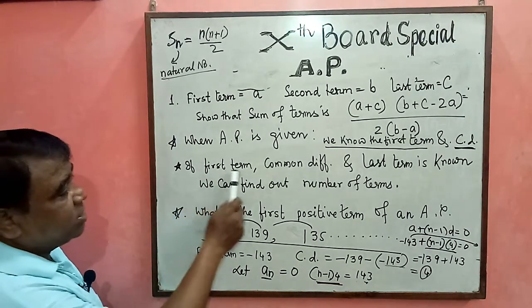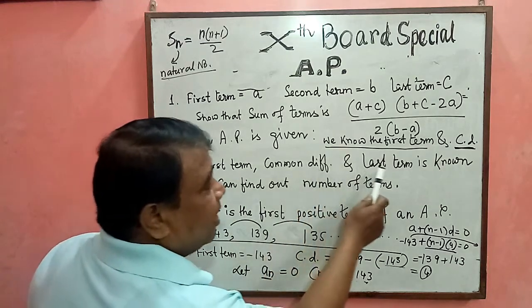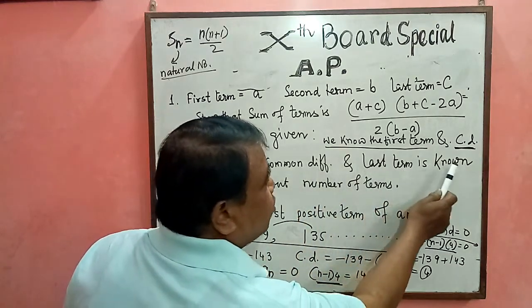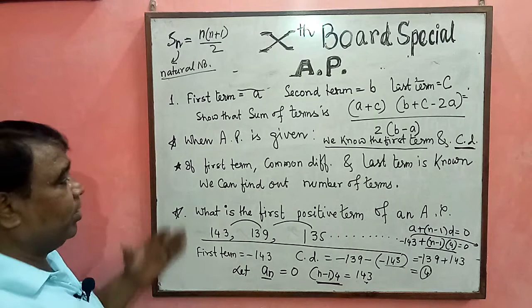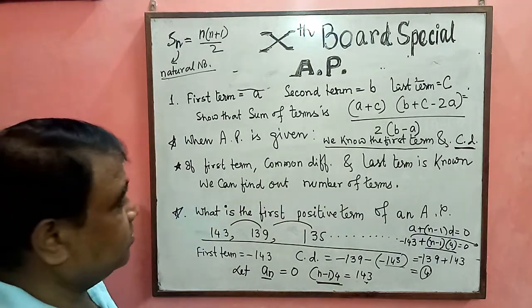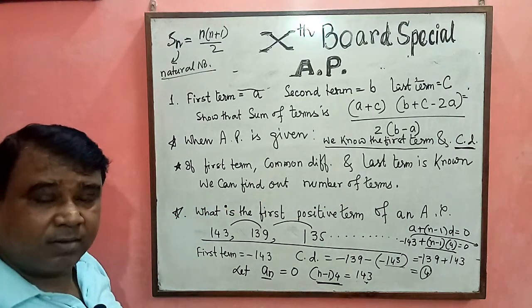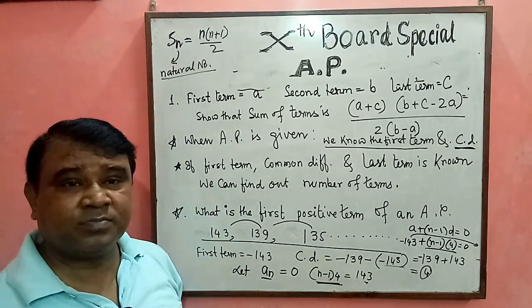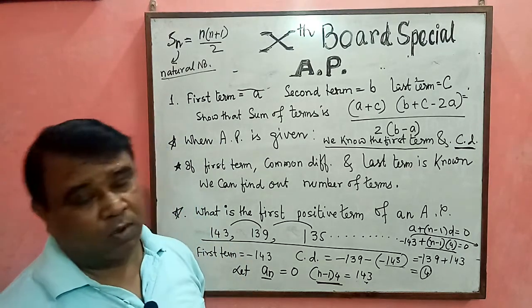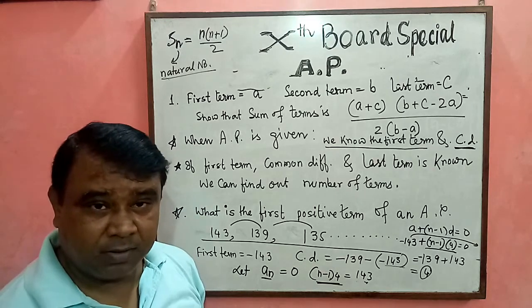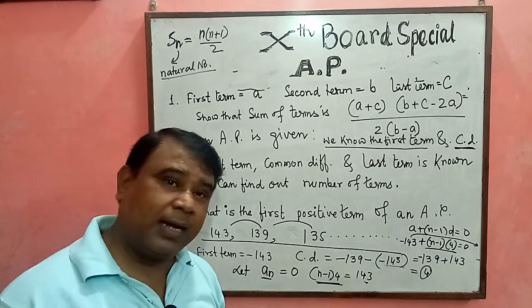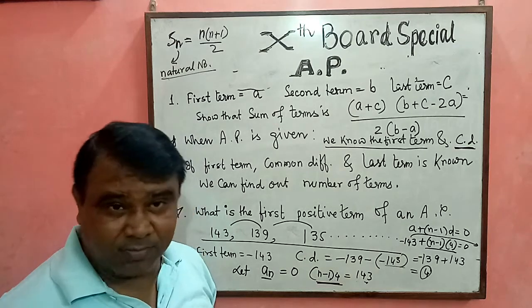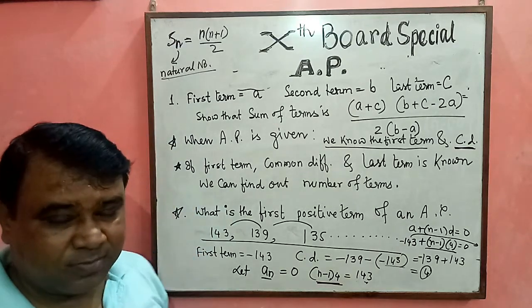Here is one concept. If first term, common difference, and last term are known, we can find out the number of terms. Because for the solution of an AP, we need first term, common difference, number of terms n, and there are two other things, that is nth term and sum of n terms.